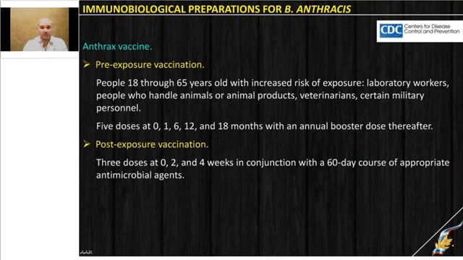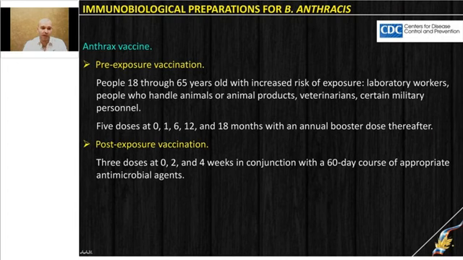We have different schedules of vaccination. Again, I will give you some international ones provided by the CDC. Vaccination is indicated for people older than 18 years old. It is contraindicated for kids, and again, there is no data in the elderly population, older than 65 years of age. So usually the vaccine is given to people 18 through 65 years old.